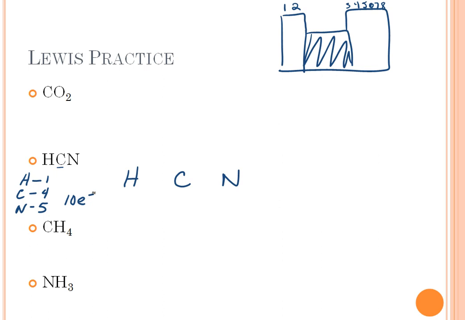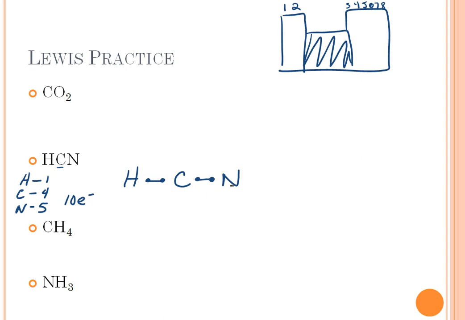So the first thing I'm going to do is just connect atoms by covalent bond first. So that will be 1, 2, 3, 4. So I'm going to just draw a line to show that those are bonds between them, between carbon and hydrogen and carbon and nitrogen.